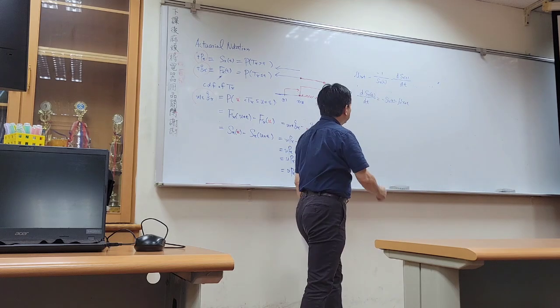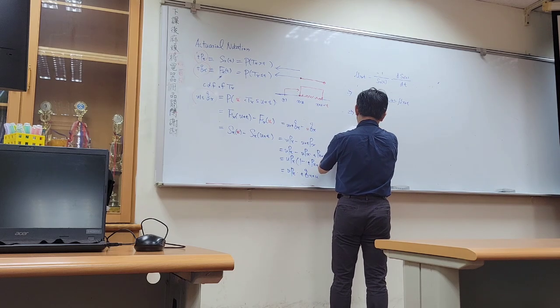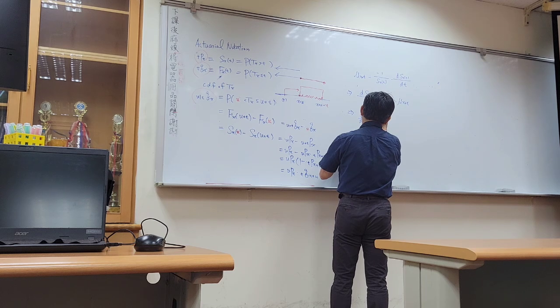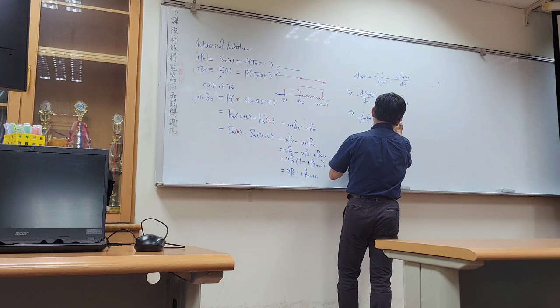Therefore, d over dt of t p x will be equal to minus t p x multiplied by mu x plus t.